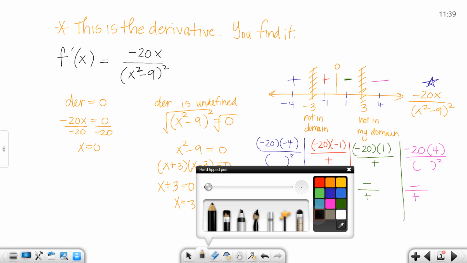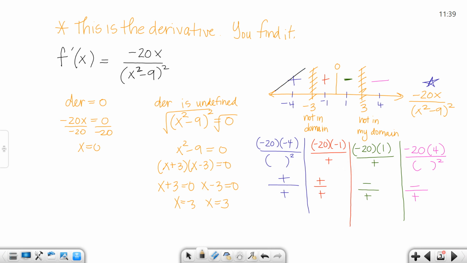Okay, so now let's see what happens. In this first interval, I'm increasing, and then I'm increasing again, and then I'm decreasing, and then I'm decreasing again. So my intervals where I'm increasing are -infinity to -4, and I'm sorry, that's incorrect. You don't put your test points in there.